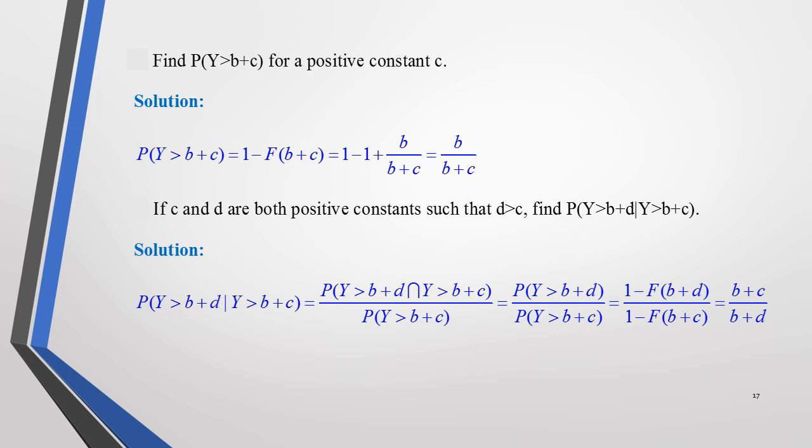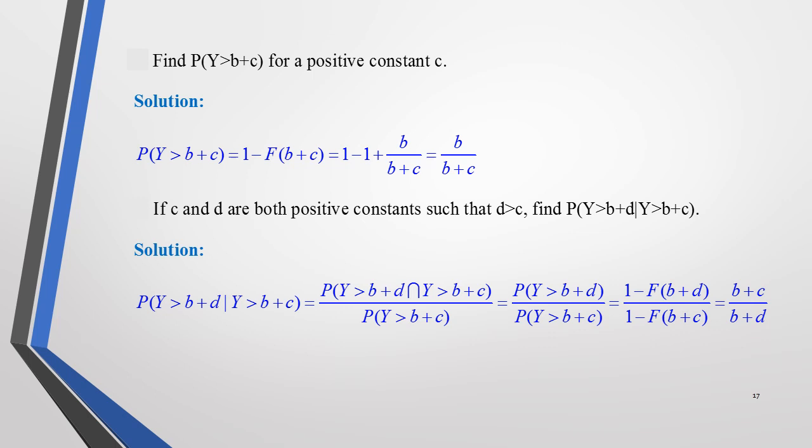D. If c and d are both positive constants, such that d is greater than c, find the probability of Y greater than b plus d given Y greater than b plus c.